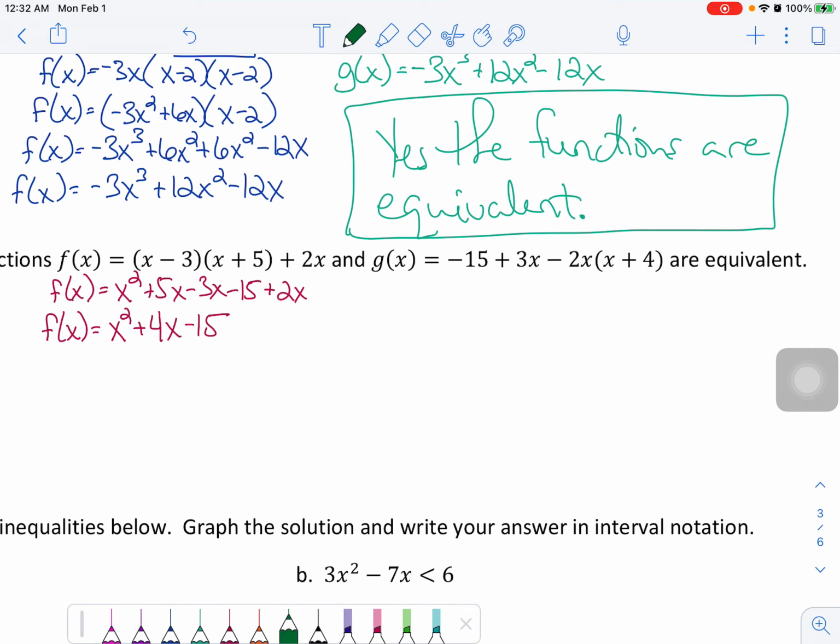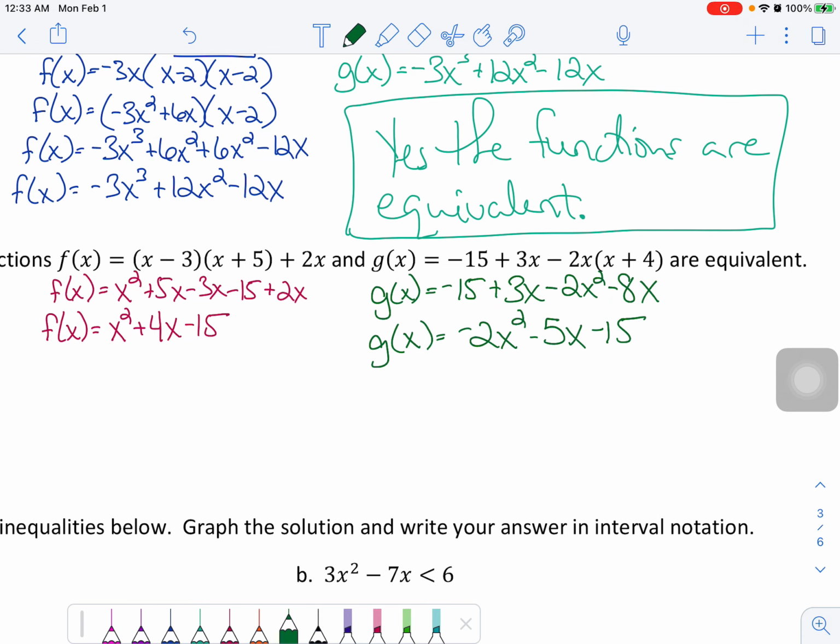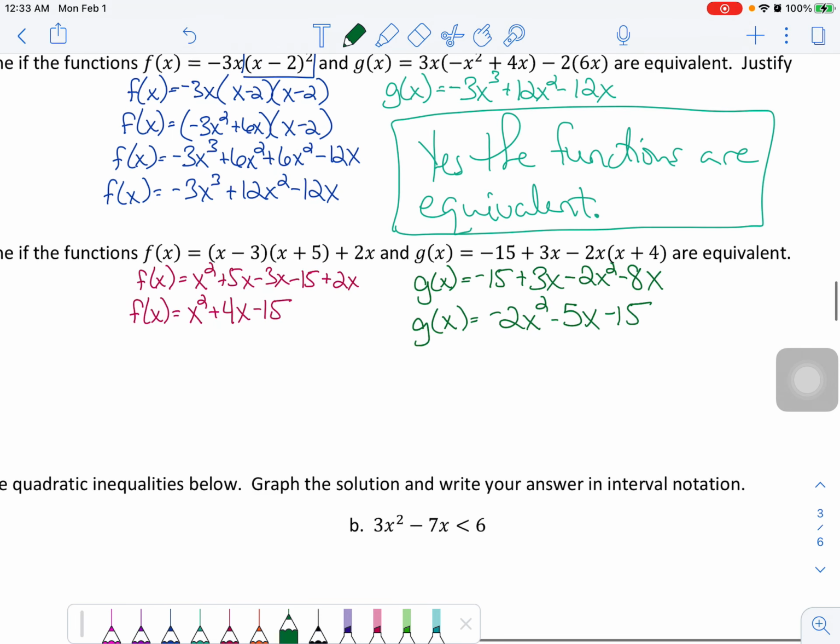G of x, let's see what we get here. A little distributive property, but only at the end. So negative 15 plus 3x minus 2x squared. And then minus 8x. So g of x is equal to negative 2x squared minus 5x minus 15. Are these equivalent? Absolutely not. All right.